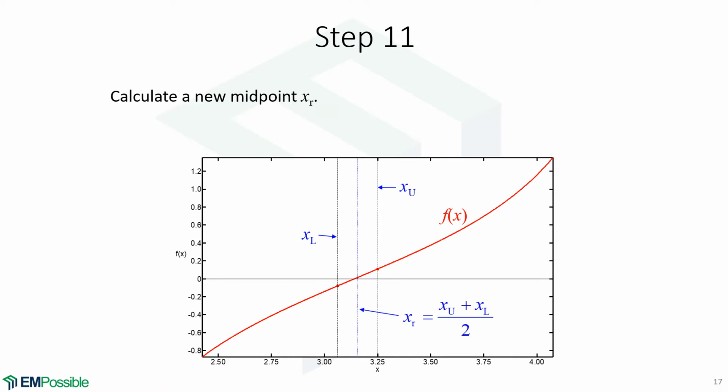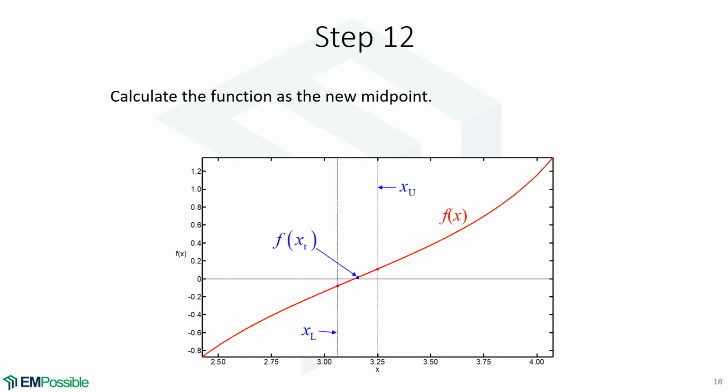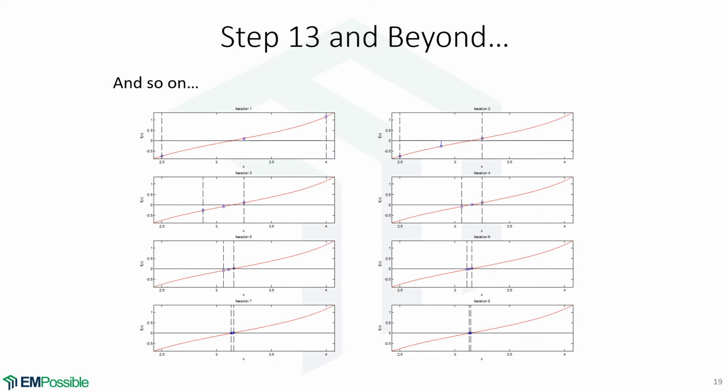We then evaluate the new midpoint, evaluate the function, adjust the bounds, and we keep repeating all of this. This goes on for many iterations. It could be anywhere from 5 or 6 to 50 or 60, depending on the tolerance that you want and depending how crazy the function is between those bounds.